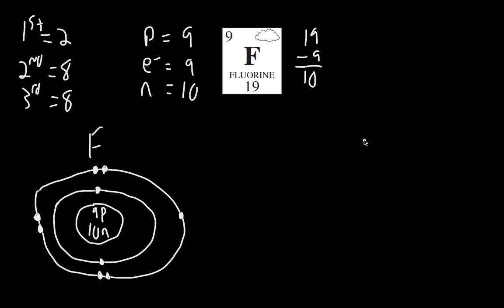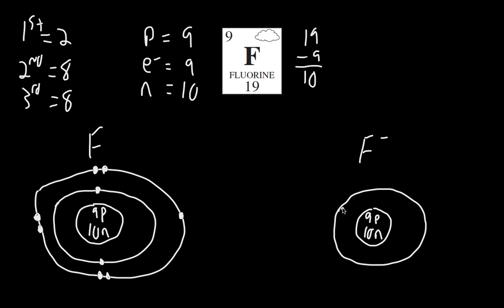The ion for fluorine is labeled as F negative. You'll see why in a moment. When you're drawing the ions, the nucleus is going to look exactly as it does for the regular atom. Remember, the only thing that's changing is the number of electrons with ions. Okay, so I have the first 2 electrons on our first energy level.